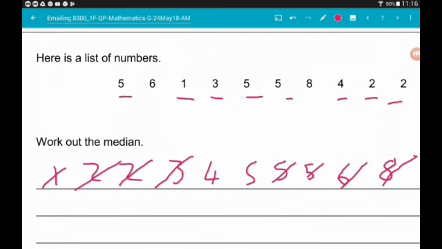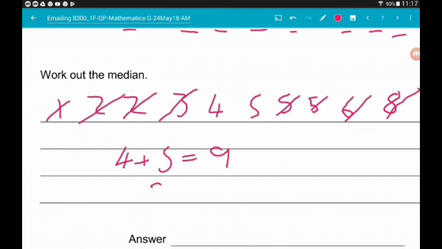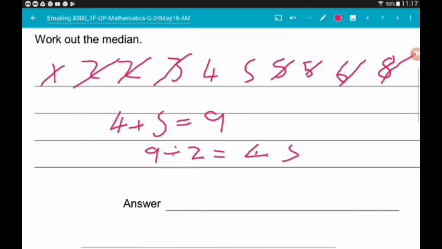When you've got two numbers in the middle, you add them together and divide by 2. So 4 add 5 is 9. So then 9 divided by 2 is 4.5. So our median is 4.5.